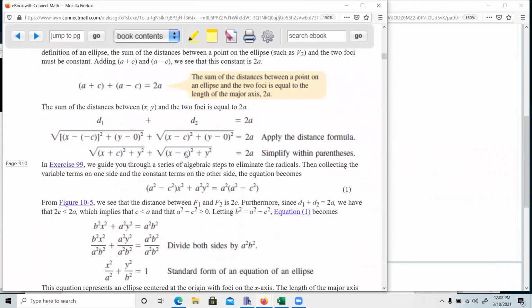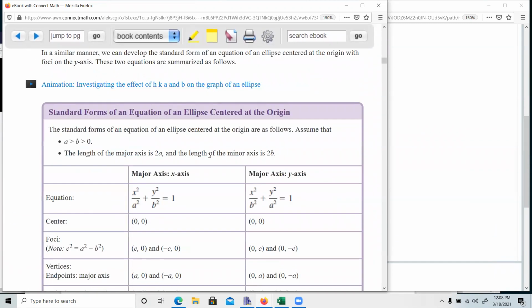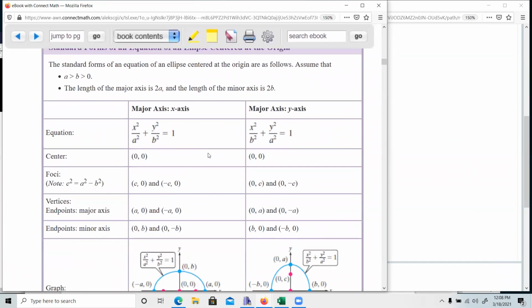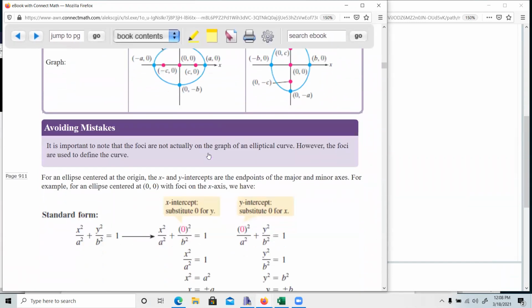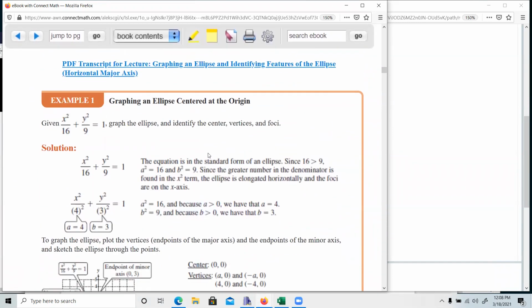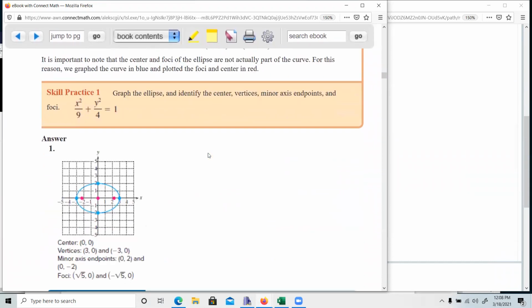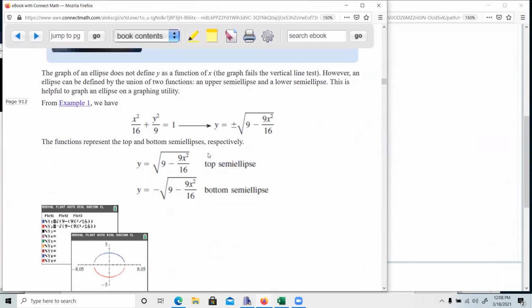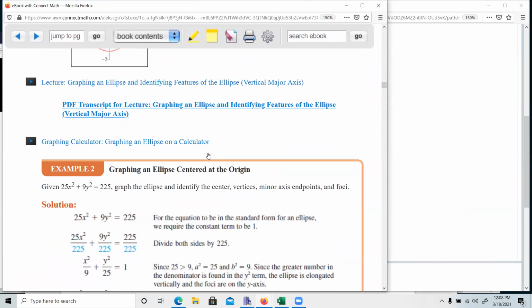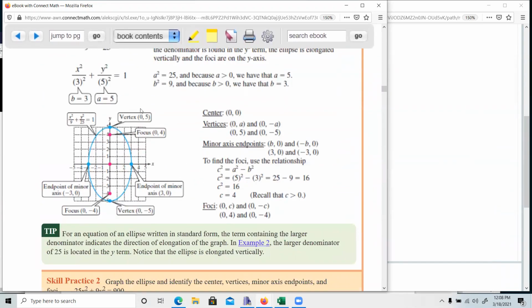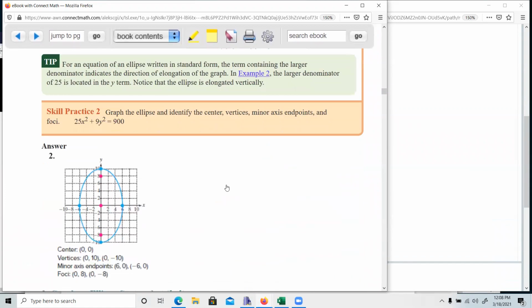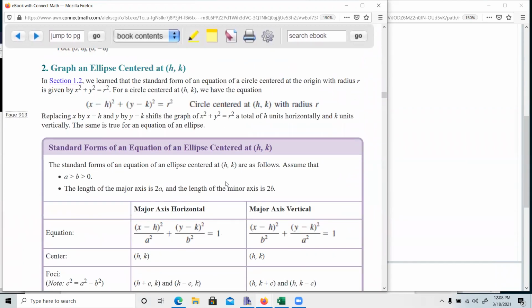You don't have to understand every step and every piece. You're never going to have to recreate this, but understanding how we got this is kind of a neat piece. And they show up pretty regularly. Orbits are elliptical, so you're going to see these. We build things that are elliptical. You're going to see this quite a bit.